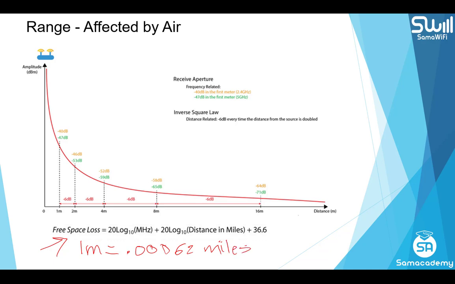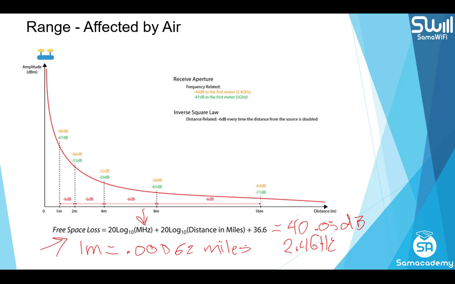Besides, we need to substitute the frequency that we are going to use. So in this case, we are going to evaluate 2.4 gigahertz. If we substitute all these values, we will obtain approximately 40.05 dB of loss.